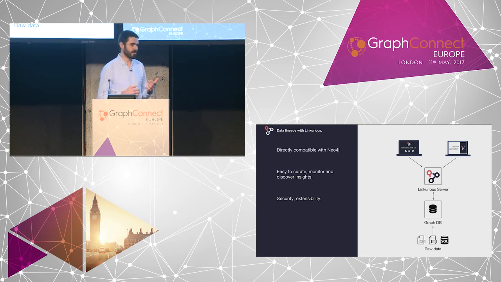You can modify the graph, add nodes, add relationships to the graph. You can also monitor the graph for specific graph patterns that you can set up. And it makes these capabilities accessible not just to developers, but to any type of user with minimal training.